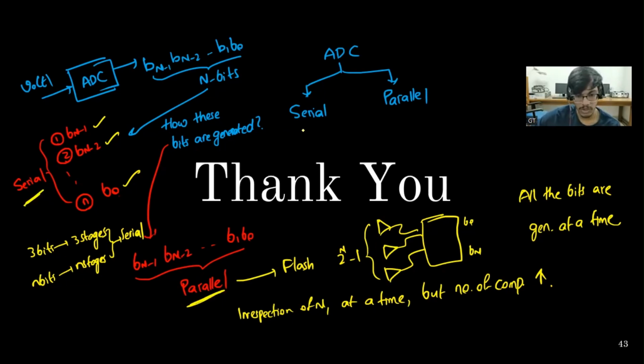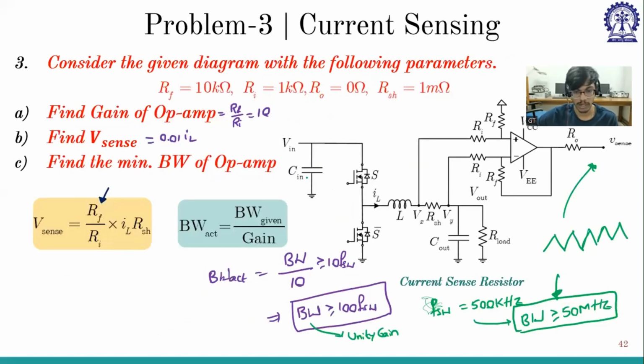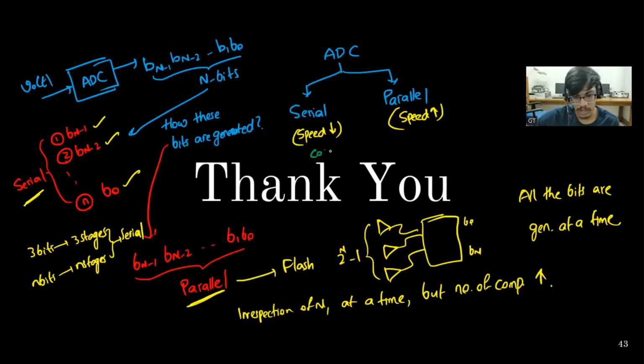As you might have understood, the speed is less here because it is happening serially, but here the speed is very high. But with speed comes the cost. As the speed is less, how many comparators does it need? Just one comparator. So the cost is less.